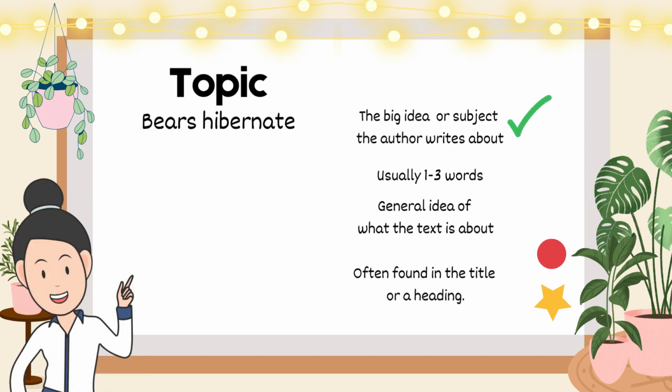Let's be sure Bears Hibernate can work as a topic. Is it a big idea or a subject that the author writes about? I think so. It's between 1 and 3 words. It gives a general idea of what the text is about, and we found it in the title or the heading.